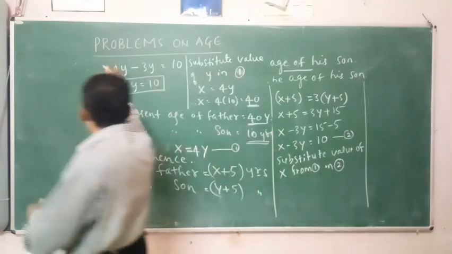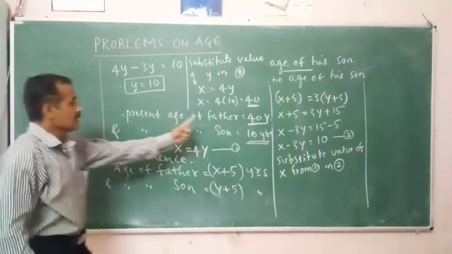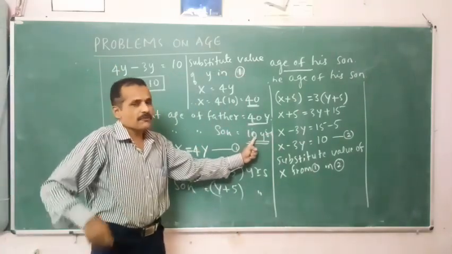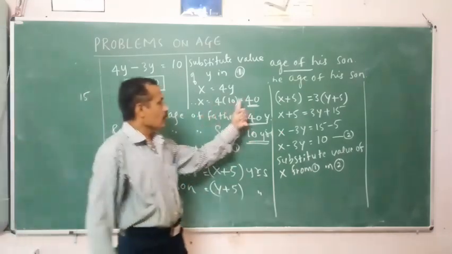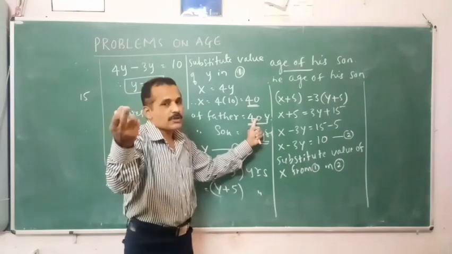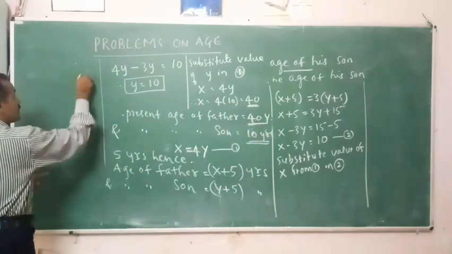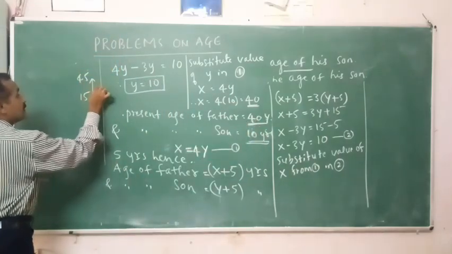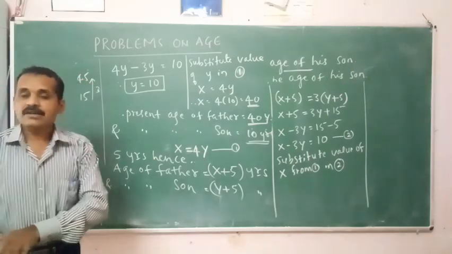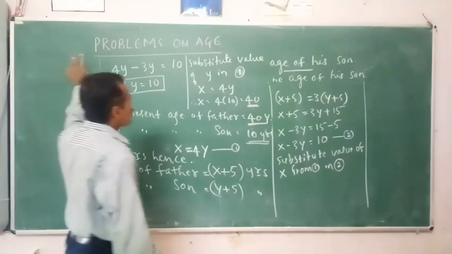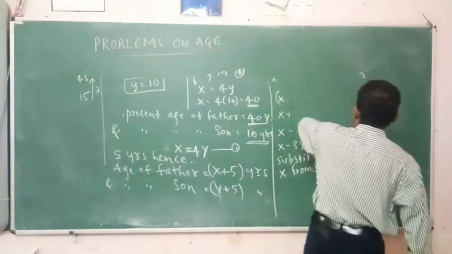Let me check. After 5 years, he is 10 years now. After 5 years, how much? He will be 15 years. He is 40 years now. After 5 years, how much? 45 years. See, the father will be 3 times, 15 3s are 45. Your answer is right. Let us go for one more problem.